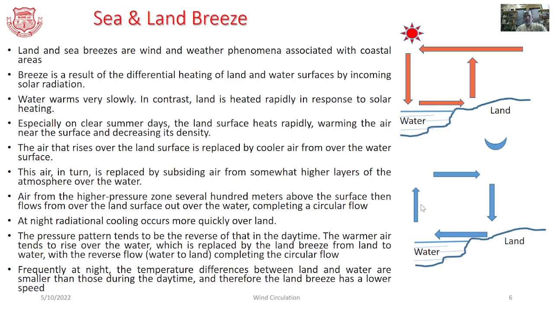As the warm air reaches the upper atmosphere, it gets cooled and further it travels towards the land mass and sinks over the air masses present over the land, thus completing the circular flow.